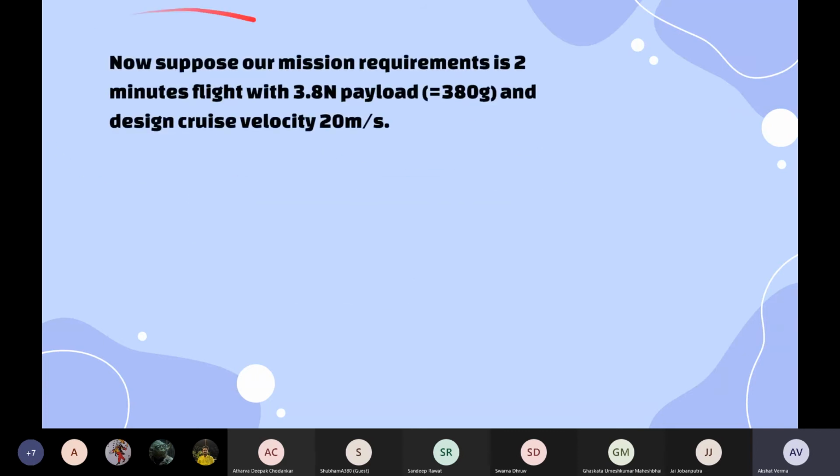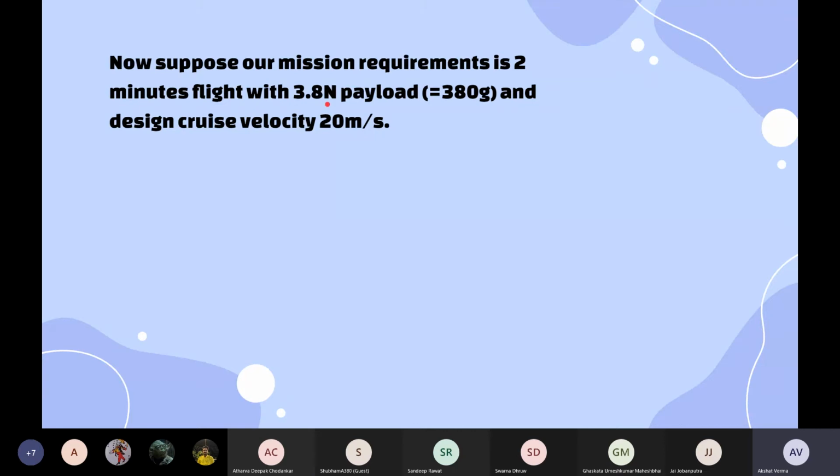Yeah, so let us do some actual iteration part. Let us understand this problem statement. Here we are given that our mission requirement is 2 minutes of flight. That is basically called the endurance, what amount of time you need to fly your aircraft.